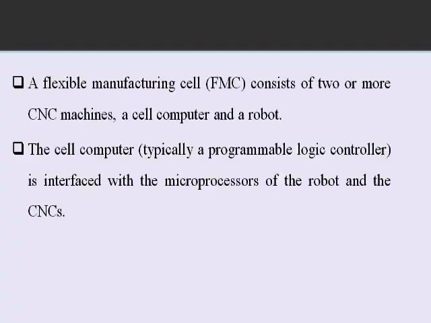The robot is the primary material handling device: it takes the work parts and loads them onto the machines, and takes the finished work parts from the machines and loads them onto the bins. The cell computer is today like any other Pentium PC, which may have programmable logic controllers or interfaces with the microprocessors of the robots and CNC machines, and all of them are controlled by the so-called cell computer.